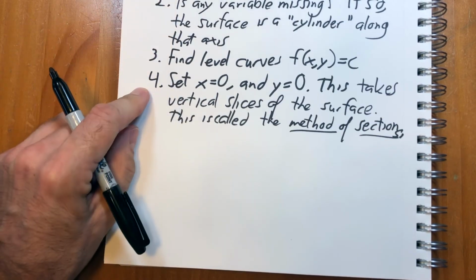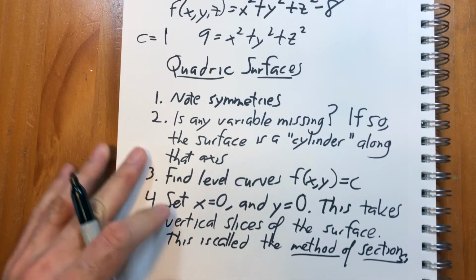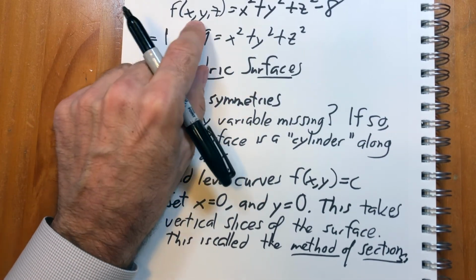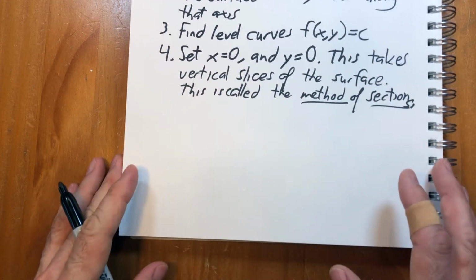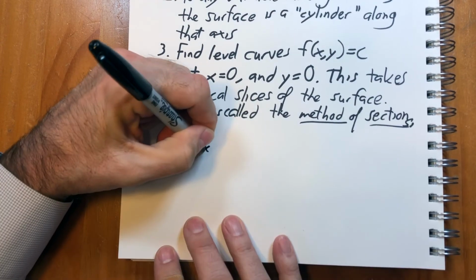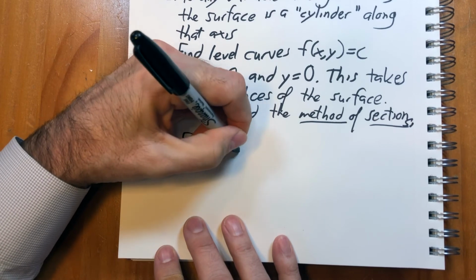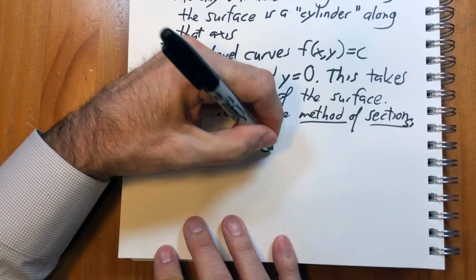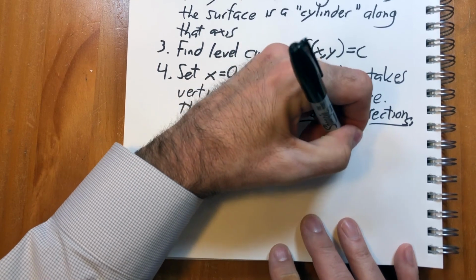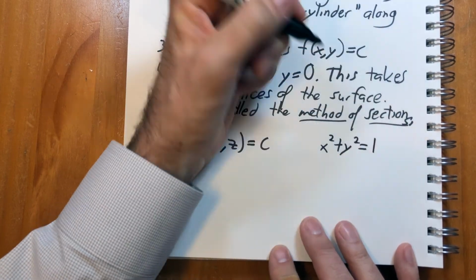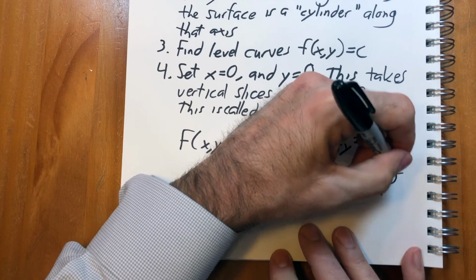Now, this works if it's written like this, where f of x, y is some function of two variables. But what we're looking at might be an implicit function, where the polynomial equals a constant. So an implicit function is something like x squared plus y squared equals 1, which makes a circle.